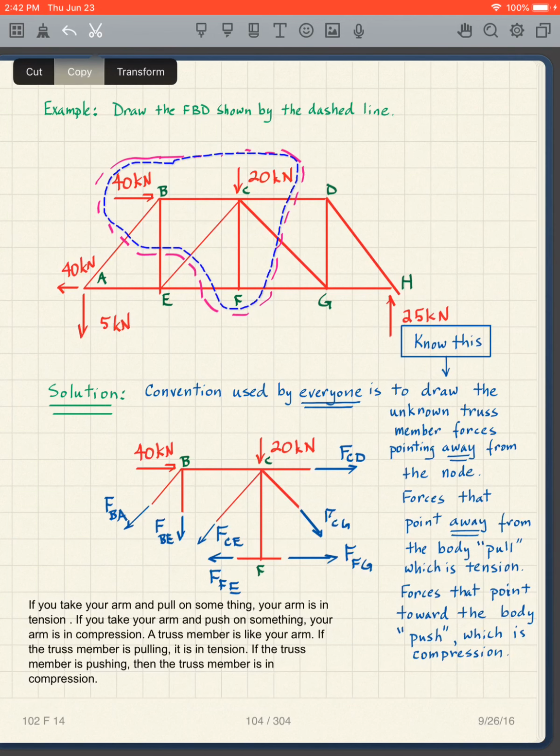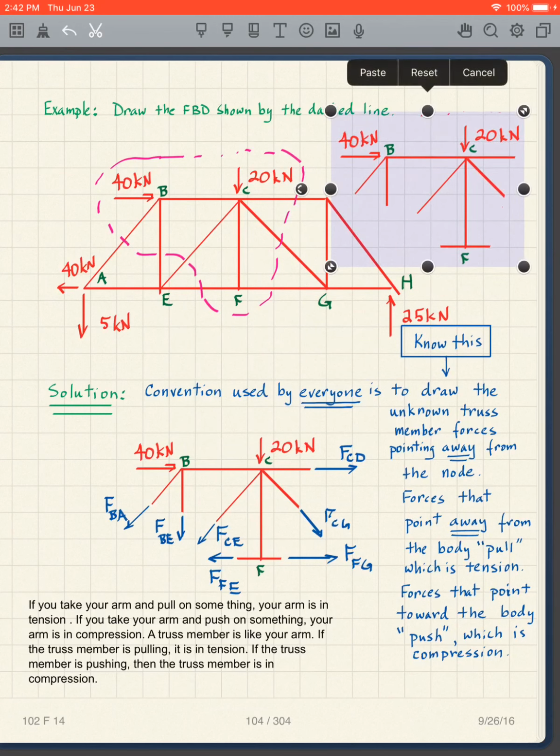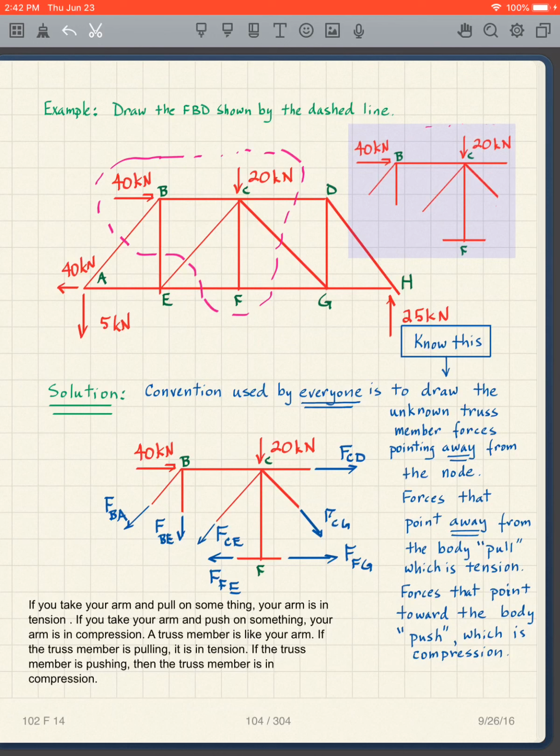Now I'm going to say copy, and then I say paste. I now begin my free body diagram with this. In other words, I have to draw exactly what is inside my dashed loop.